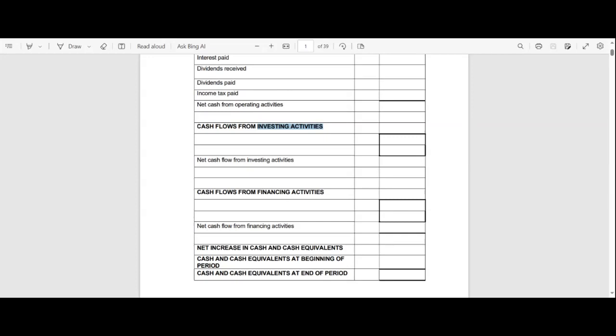Ladies and gentlemen, this is only a guideline that comes from IAS 7. So it is not like a hard and fast rule. What IAS 7 initially states is that if the cash is readily available, then it should be seen as part of your cash and cash equivalents.